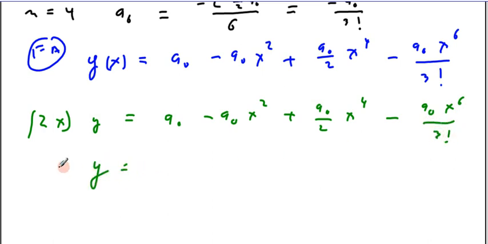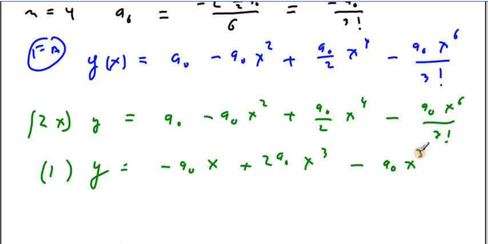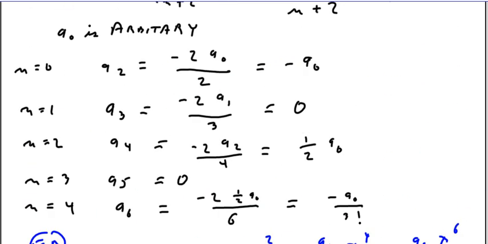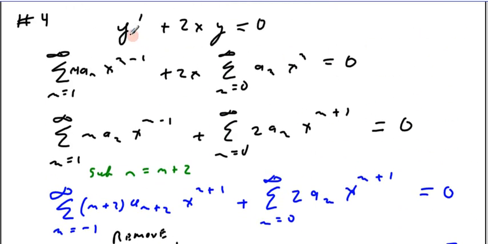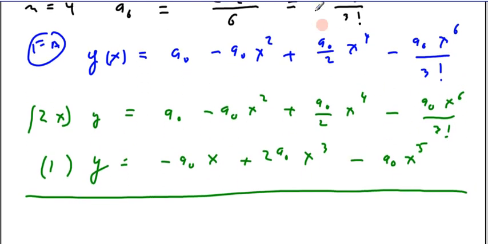And y prime is going to be, that guy goes away, minus 2a0x plus 2a0x cubed minus a0x to the 5th. Okay, so does that look right? Yeah, that probably looks right. Going back to the original problem, I want y prime and 2x times y. Okay, so I got the right guys.